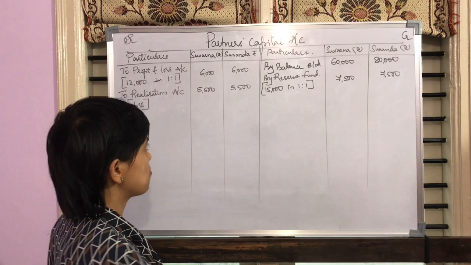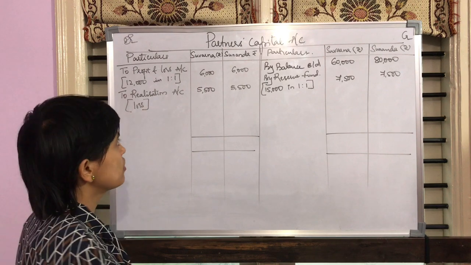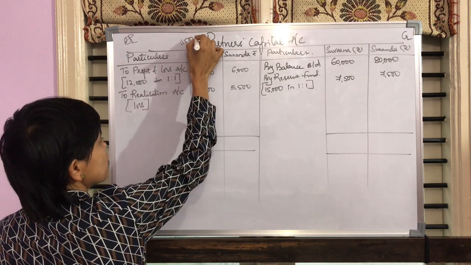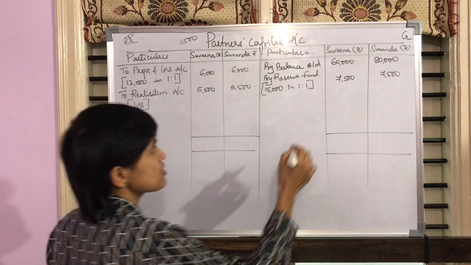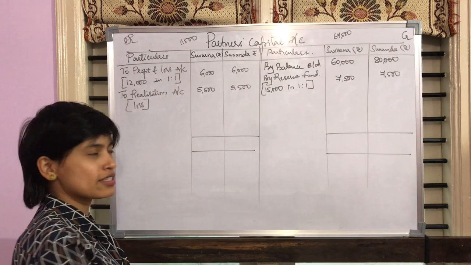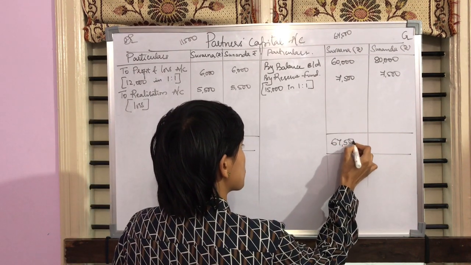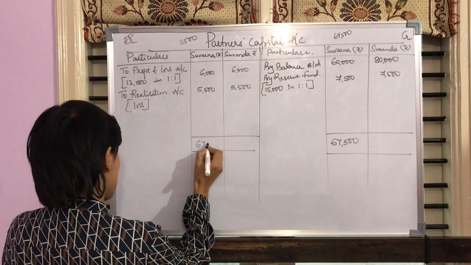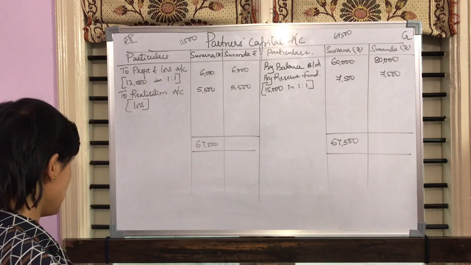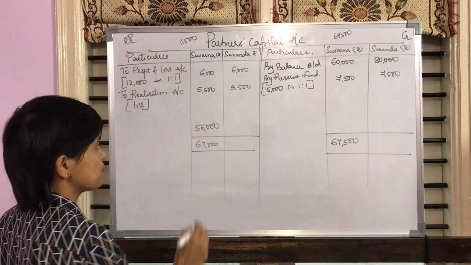Let's do the balancing. Begin with the first partner, Suvarna. Her debit side total will be 11,500, whereas credit side total will be 67,500. Let's write the highest amount on both the sides, 67,500 minus 11,500, we will get 56,000.